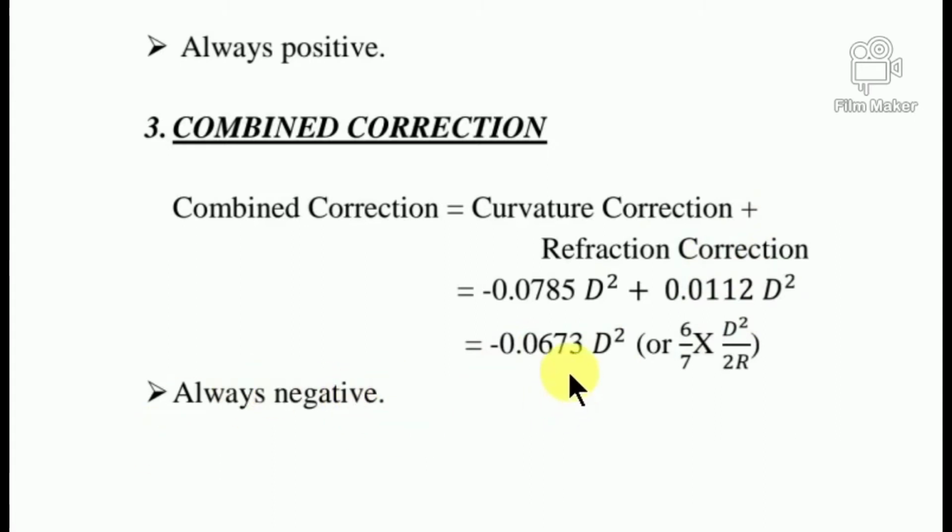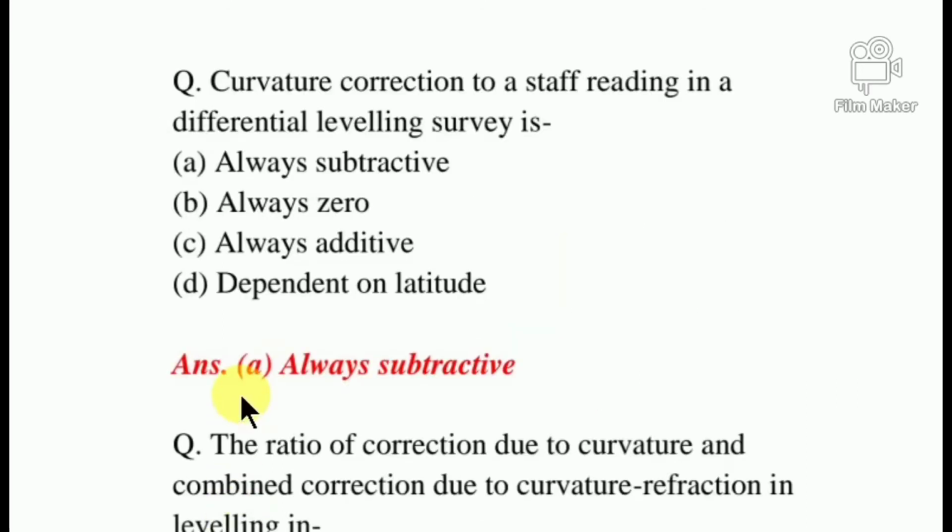The unit of combined correction is also meter and D is in kilometer. Or without using the sum of curvature and refraction correction, we can also find it by 6 by 7 into D square by twice R, and if you put the value of R, we get the same answer, minus 0.0673 D square. Now let's see our MCQ.